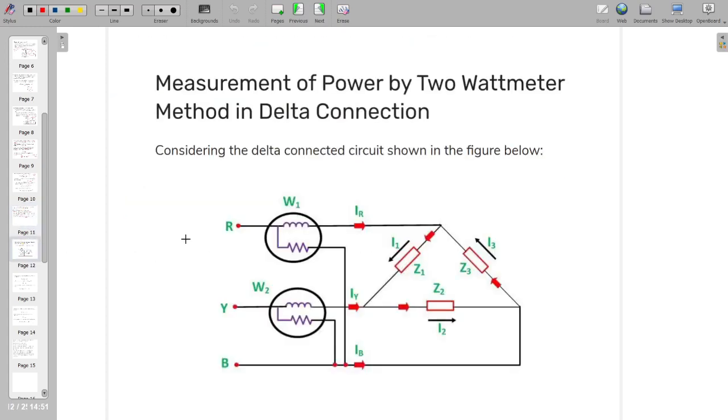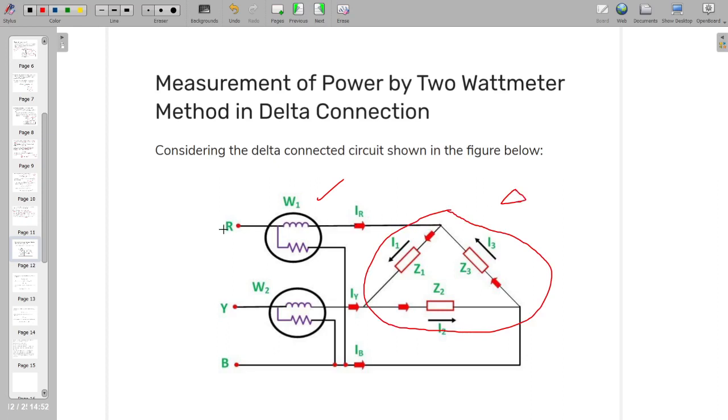Measurement of power by the 2 wattmeter method in a delta connection. It is the same as in the previous star connection. Considering the delta connection, this is the first wattmeter W1 and this is the second wattmeter W2, connected like this. The load is connected in delta manner.